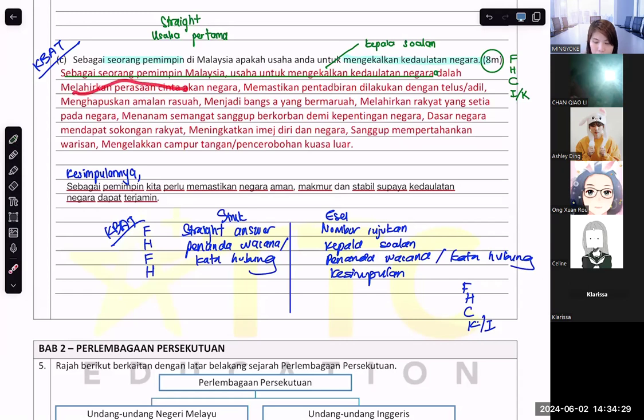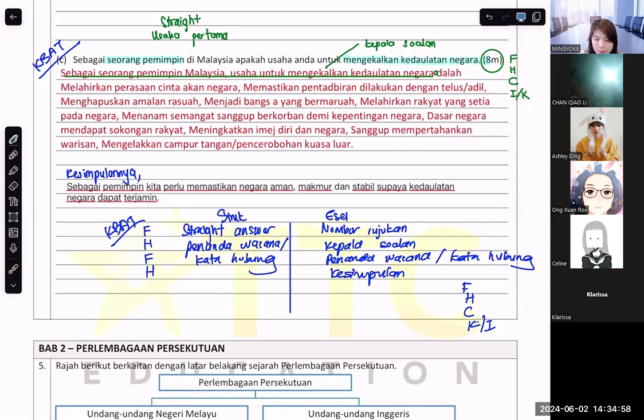So, melahirkan perasaan cinta akan negara. Then you huraikan. Hal ini dengan memastikan pentadbiran dilakukan dengan telus dan adil. Contohnya, menghapuskan amalan rasuah di dalam negara. Kesan, menjadikan bangsa yang bermaruah. Can you see? Fakta, huraian, contoh, kesan. That's how I do it.